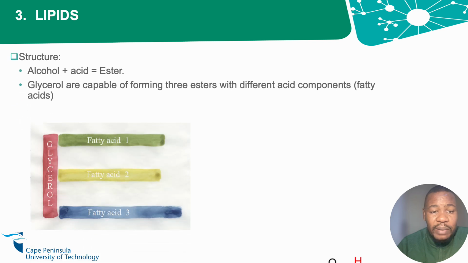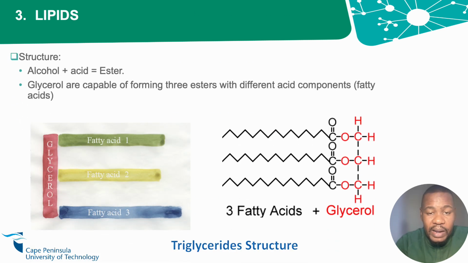But the question is, what are the building blocks of lipids? Like we did in proteins, we said the building blocks of proteins are amino acids. And in carbohydrates, the building blocks are monosaccharides, basic sugars. Here we find that in lipids, the basic blocks are what we call the fatty acids.